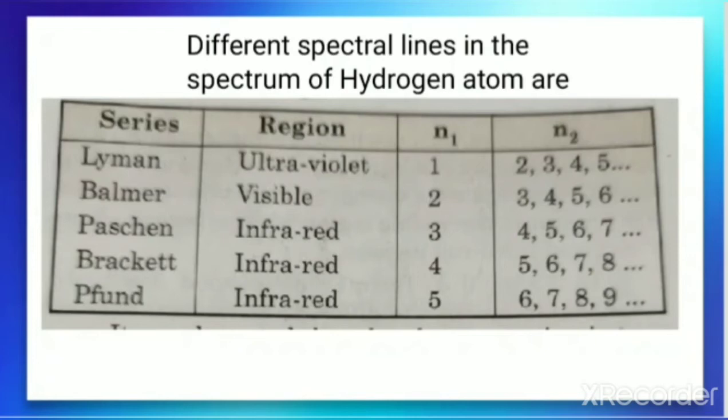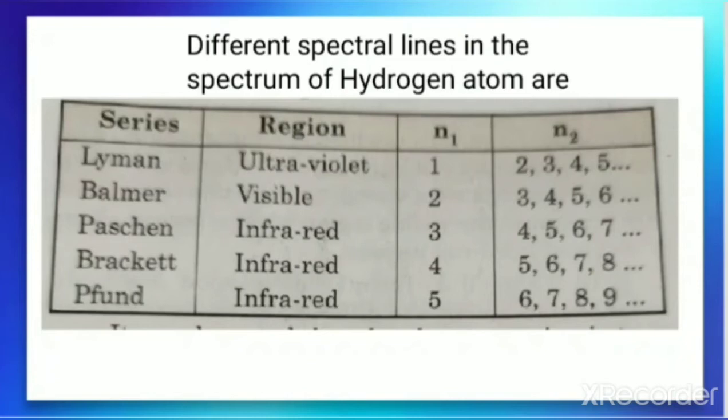These series of spectral lines are observed in particular regions: the Lyman series in the ultraviolet region, Balmer in the visible, Paschen in the infrared, Brackett in the infrared, and Pfund in the infrared.